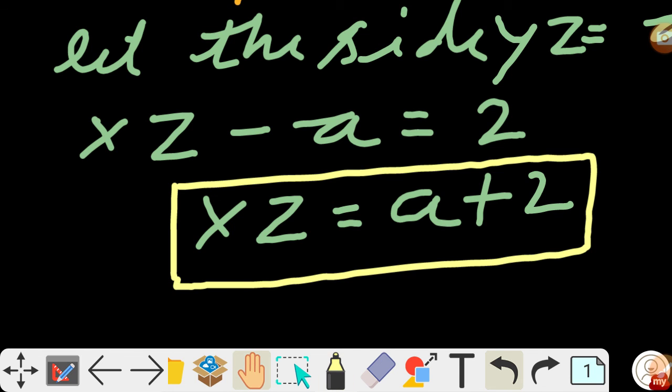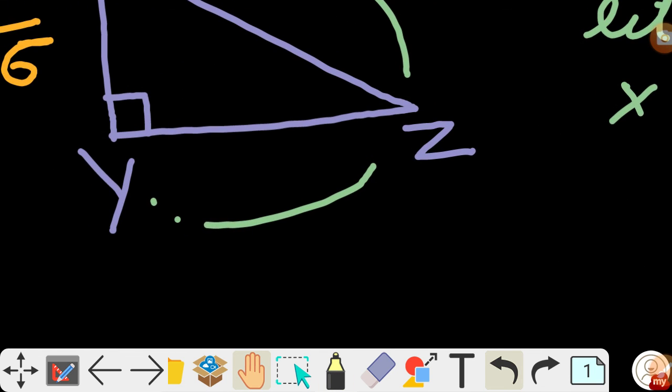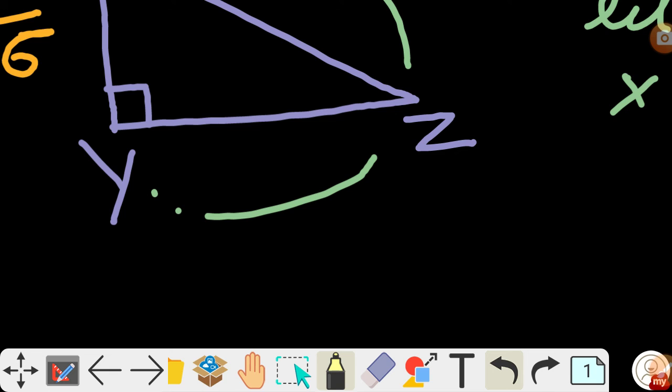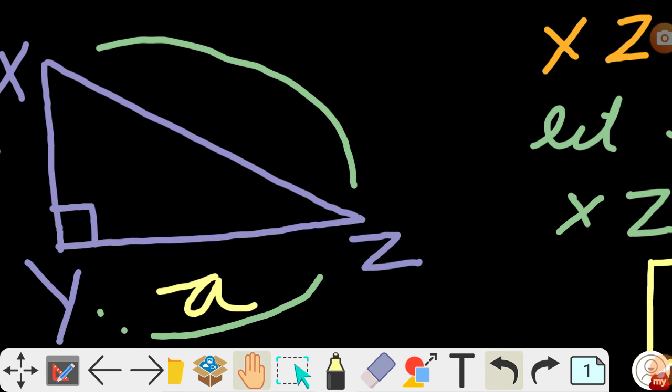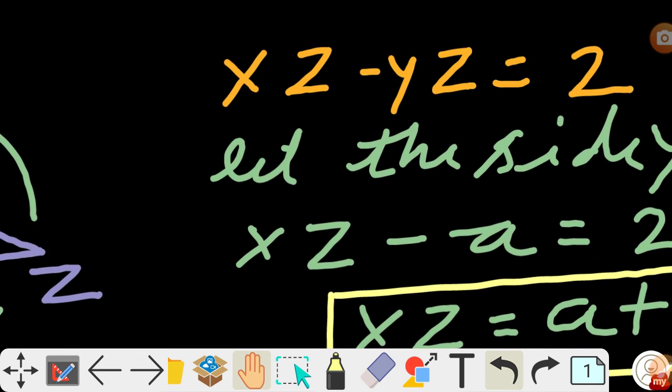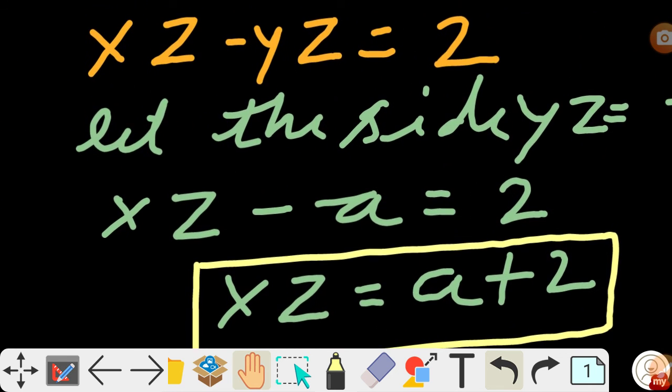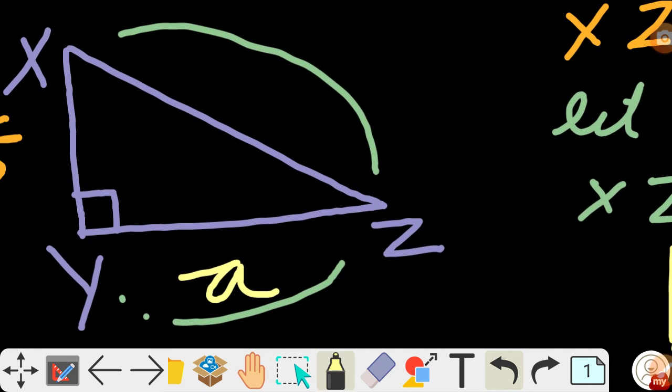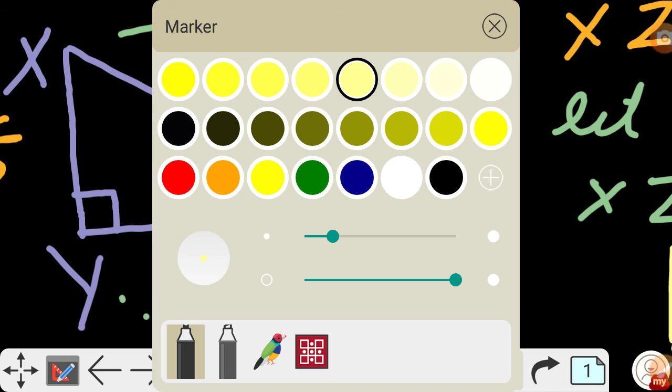So write down these values: I let YZ be a, and by using the given equation we calculate the value of XZ, which is a plus 2.